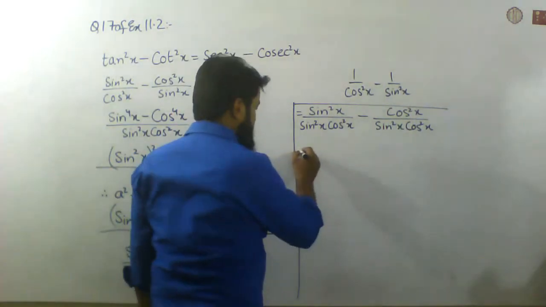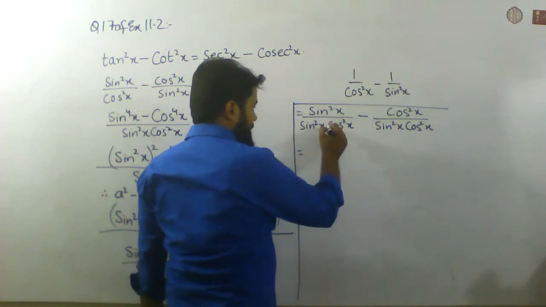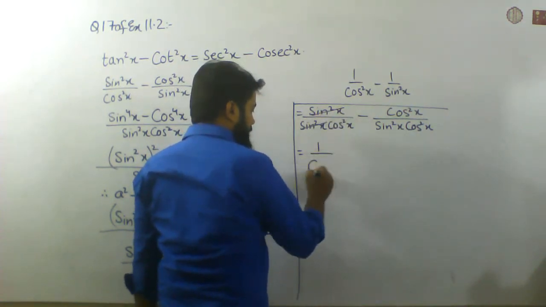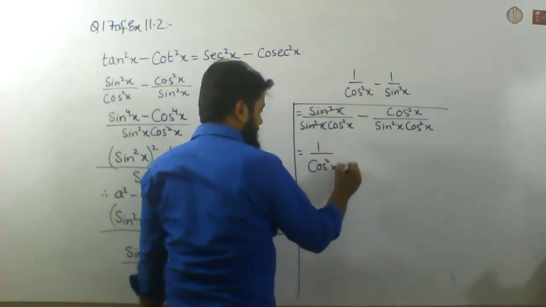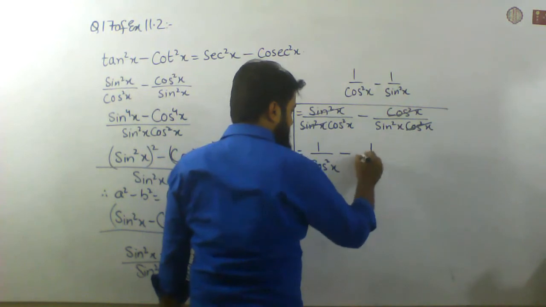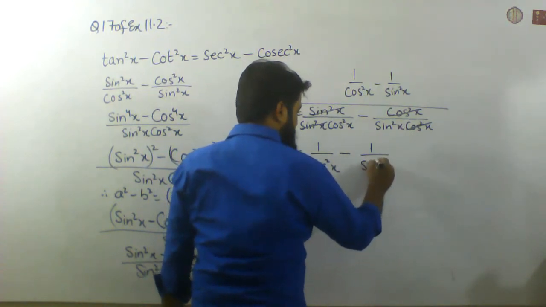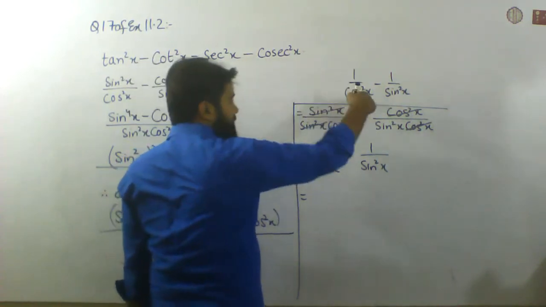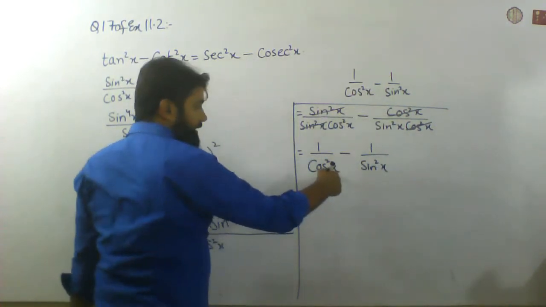So now sin square and sin square will be cancelled, giving 1 over cos square x, and minus, cos square will be cancelled, giving 1 over sin square x. I have got this thing which was written like this, so I'm at this point.